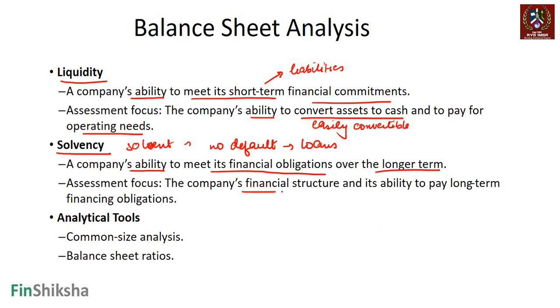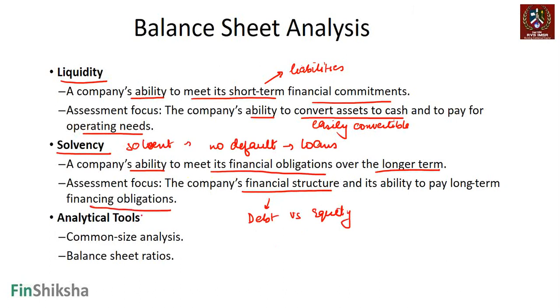The company's financial structure is the key focus here. You have to find out how much debt the company has versus the equity. So how much of the financing is happening from debt and its ability to pay those long-term financing obligations. That's what we have to kind of identify.